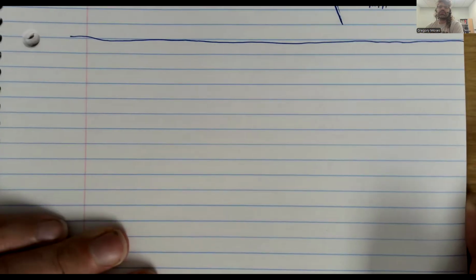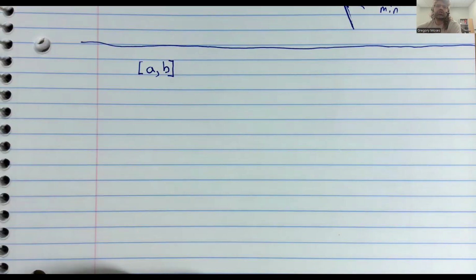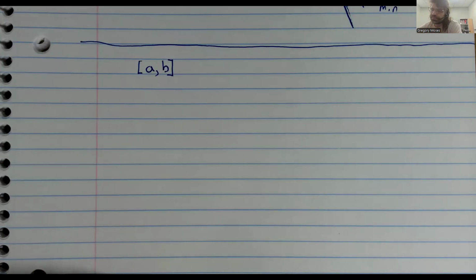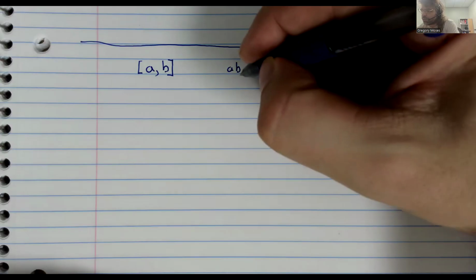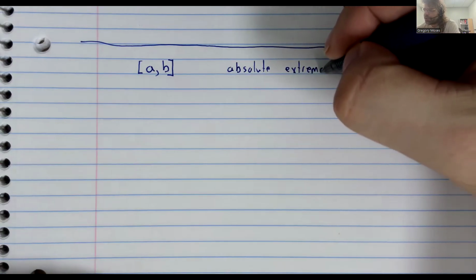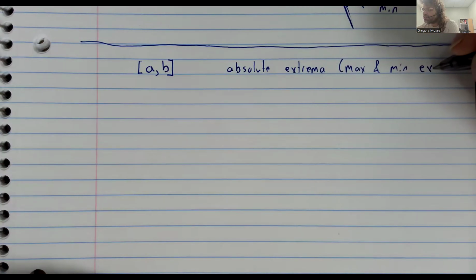So, at least for this section, we're going to look at a special situation where we're looking at a function on a closed interval from A to B. So including A, including B, and of course including all the values between A and B. In such a situation, if the function is continuous on such an interval, the absolute extrema, both a max and a min, exist.